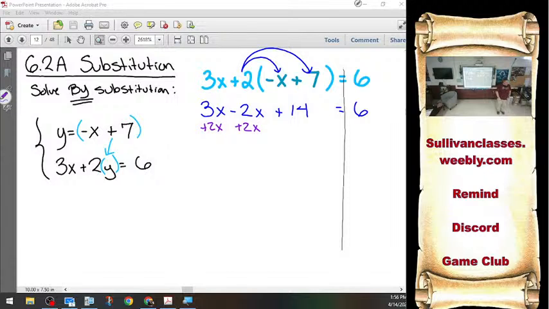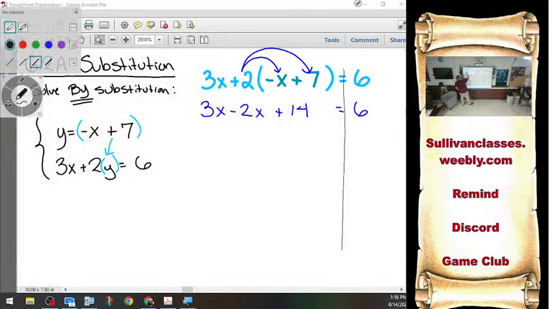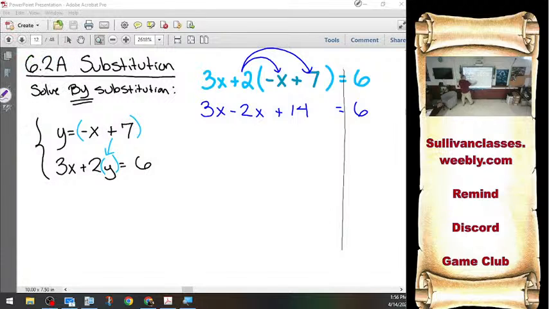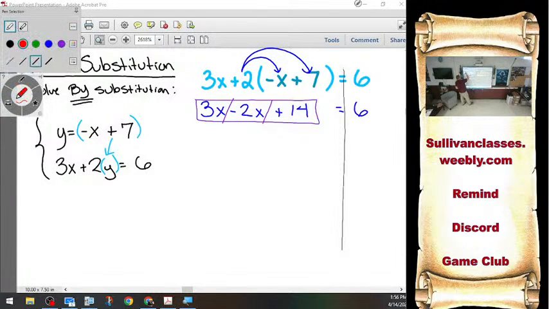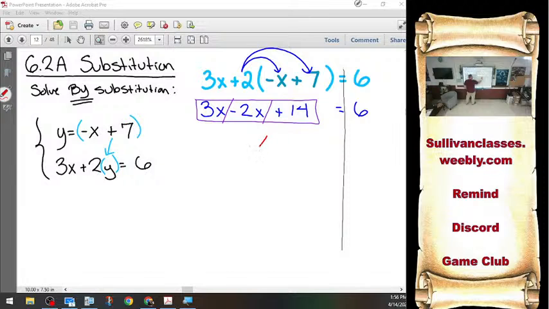You put way too much on one side. But because they're on the same side, they are the same kind of critter. Okay, turtles with turtles, giraffes with giraffes. You can combine like terms. I can call that 1x plus 14 is 6.